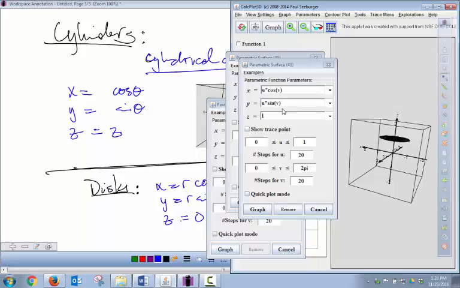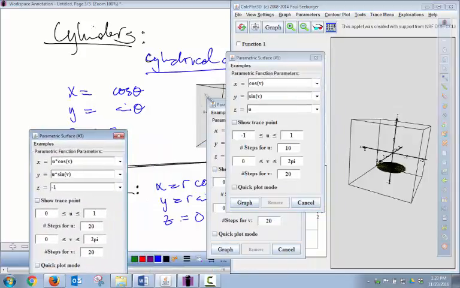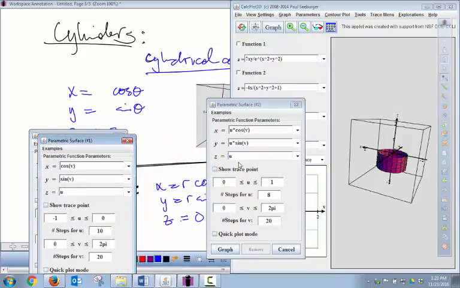So, for example, if I want to draw a rocket, I would have this as the bottom of my rocket. I would have this as the body of my rocket. And I would have this as the top of my rocket.